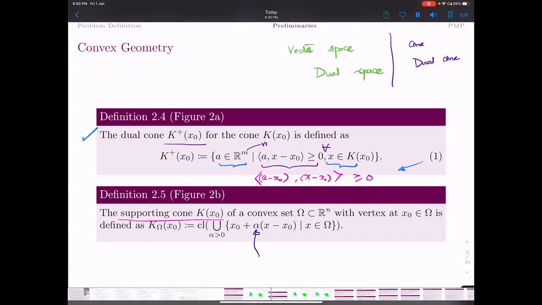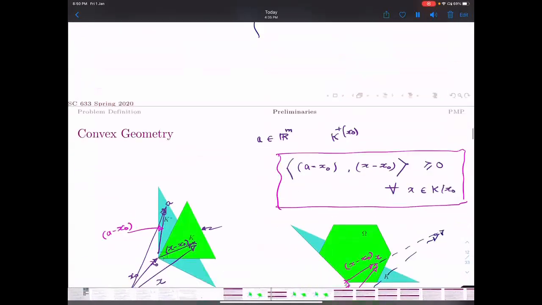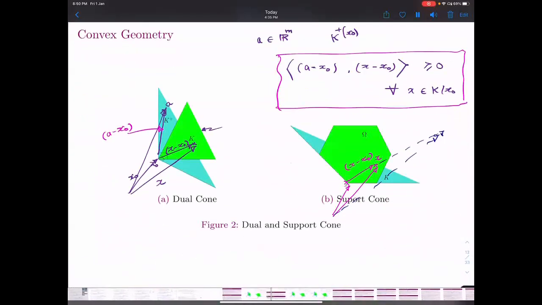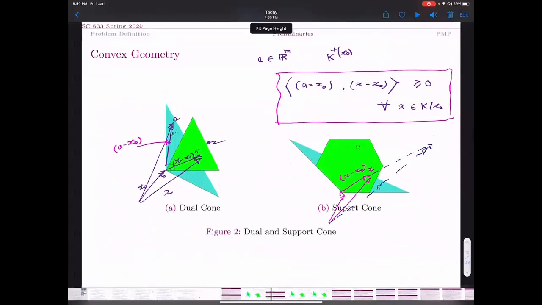This should be true for every x in the cone. Let's look at how this looks. An easy way to understand the dual cone is that if you draw a vector from x naught, that vector should make an acute angle with every other vector which lies in K. Such vectors are permissible. That's basically the meaning of the dual cone.